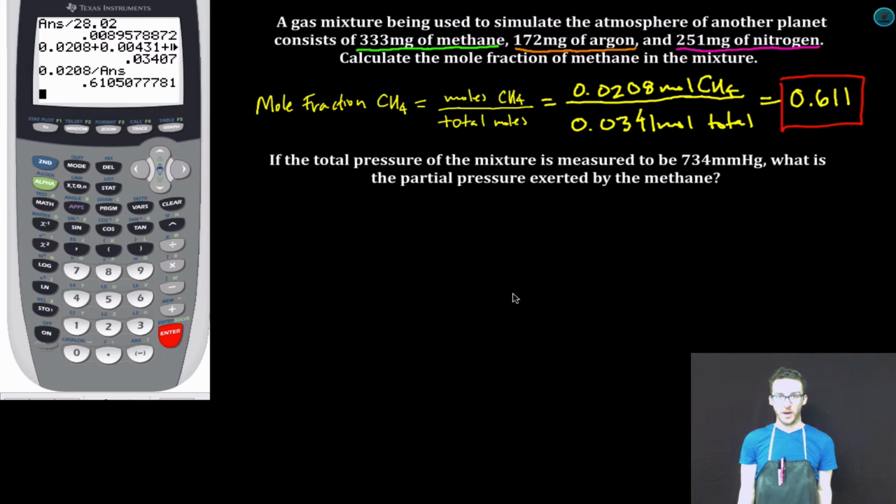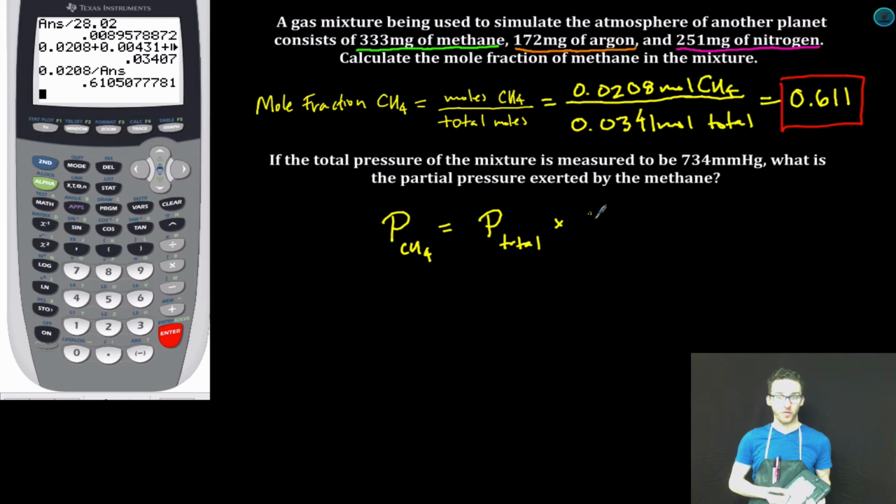So, follow-up question, if the total pressure of the mixture is measured to be 734 millimeters mercury, what is the partial pressure exerted by the methane? Well, remember that the partial pressure of the methane gas is equal to the total pressure times the mole fraction. And the mole fraction is represented using this large letter X. Total pressure, 734 millimeters mercury.